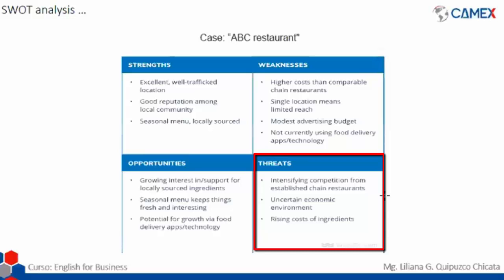Then, an uncertain economic environment. We will be talking about it if we are talking about, let's say, election times. Do you remember a couple of years ago when it was PPK against Keiko? Do you remember that we kind of had an uncertain economic environment?